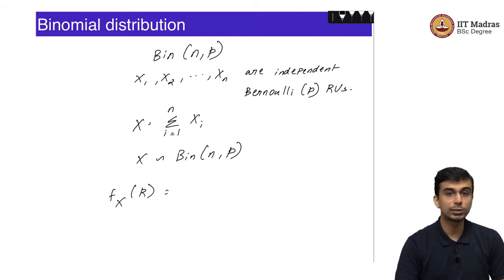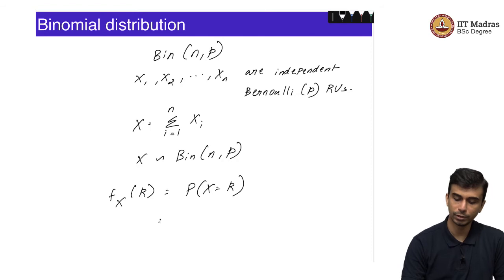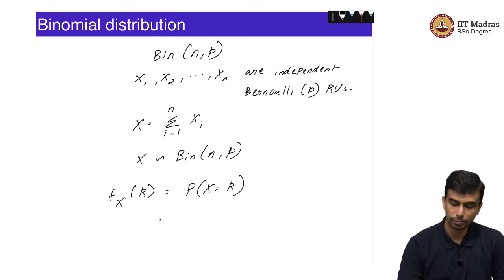That is fine, but what is the probability mass function of x? Well, f of k is the probability that x is equal to k. Let us interpret it this way: if you are tossing n coins with bias p, what is the probability that the number of heads is equal to k?